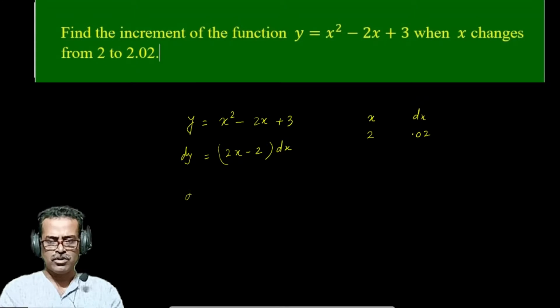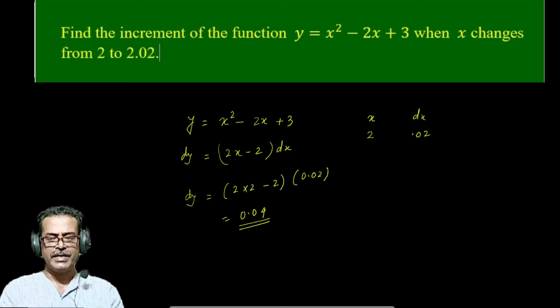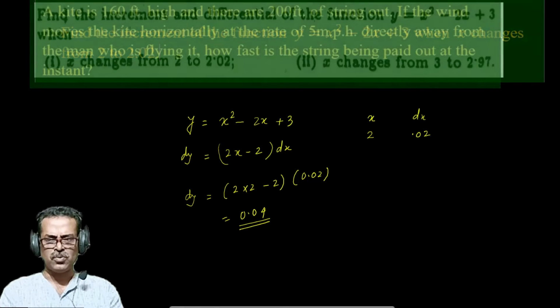So dy is equal to (2 into 2 minus 2) into 0.02. So 0.04. So the increment of y is 0.04, increment of x is 0.02, and the value of x is equal to 2.